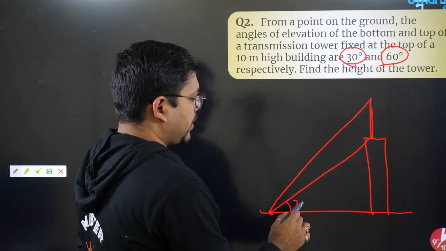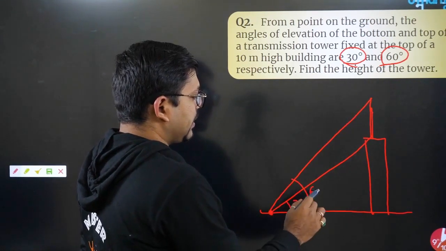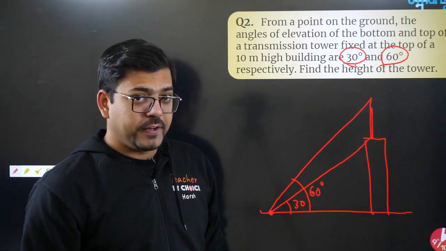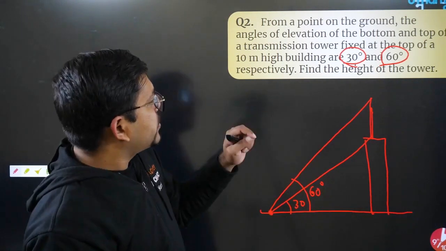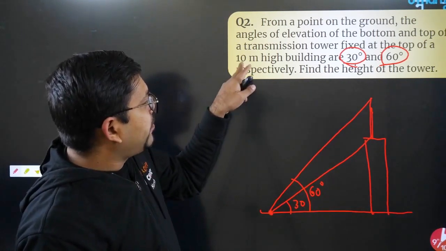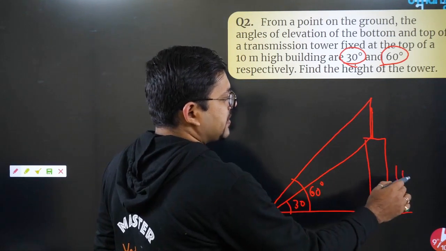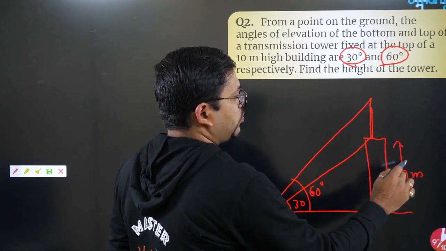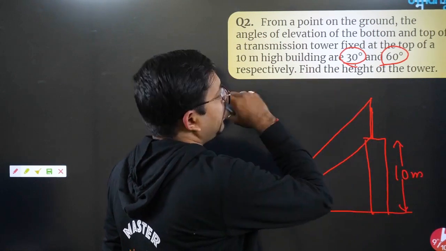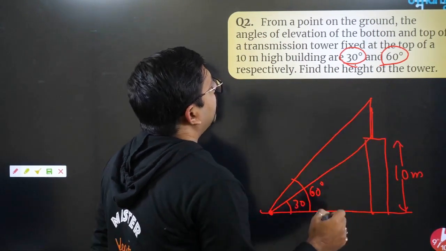Surely the smaller angle will be 30 and the larger angle will be 60. That is the scenario. The building height is 10 meter. Now the question wants you to find the height of the tower.